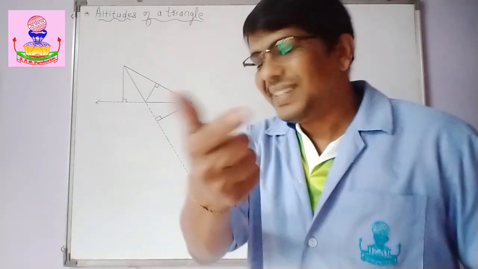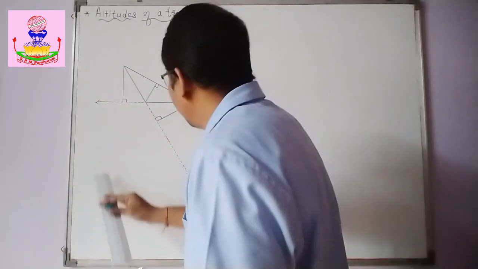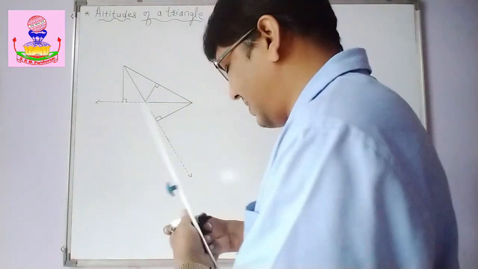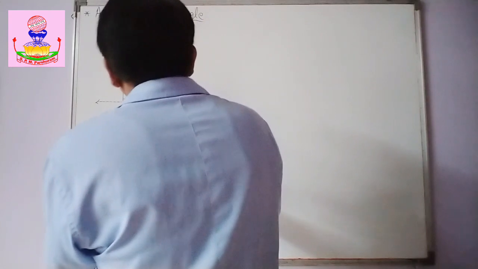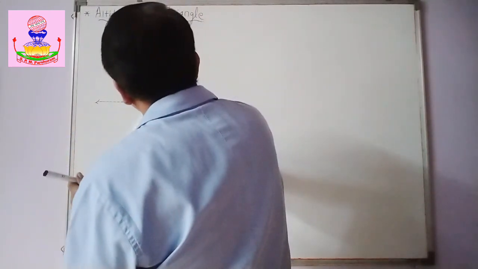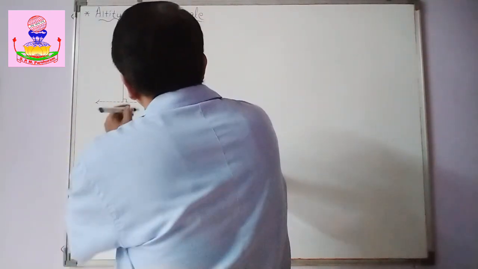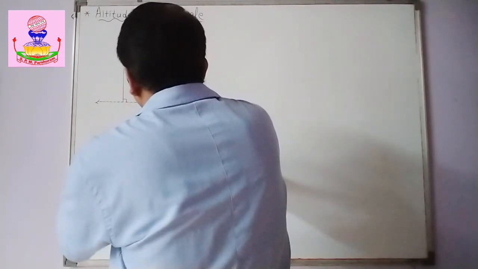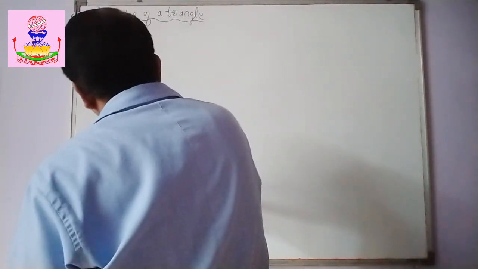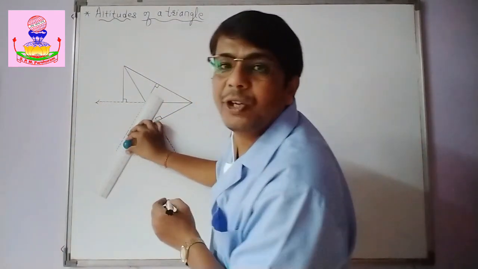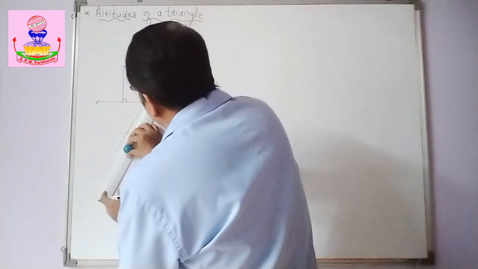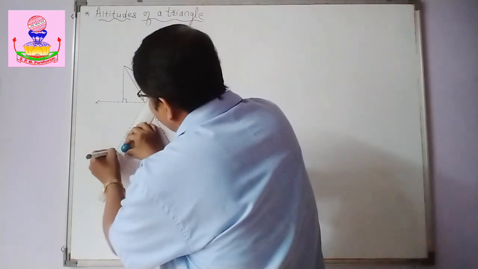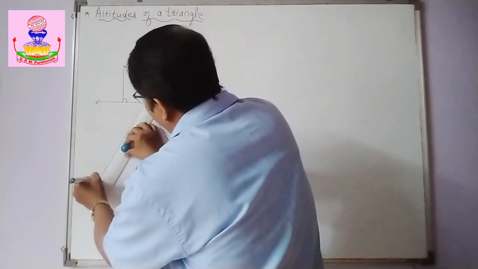So are they not concurrent? They are. So how are they concurrent? See how. So I am going to extend this, I am going to extend this, and I am going to extend this. See what happens. So first I will extend this. Again with dotted line so that it will help us to identify them easily. Okay. I am using the scale. I hope you are seeing this. You are able to see this.